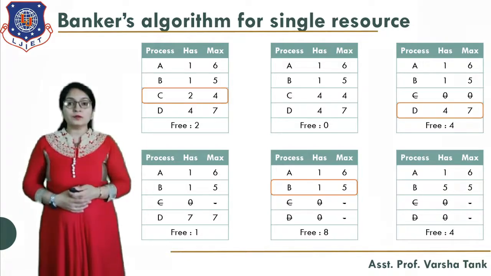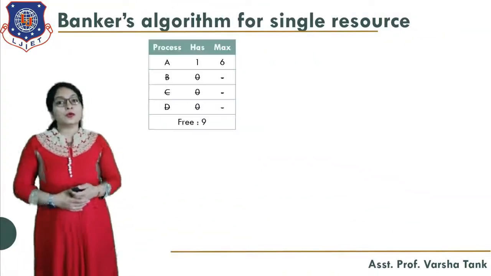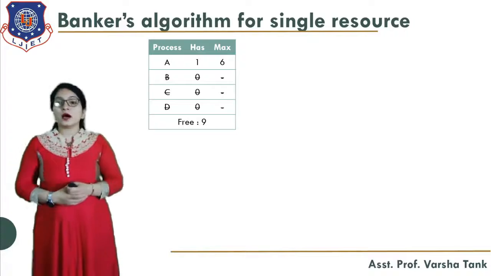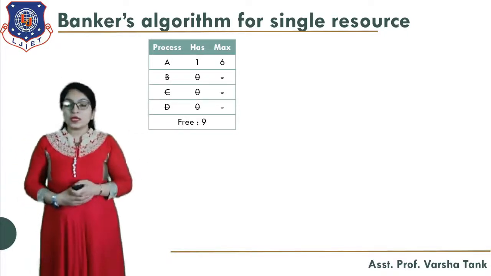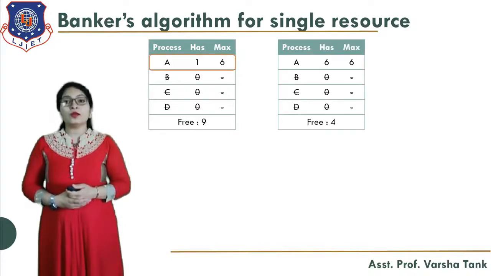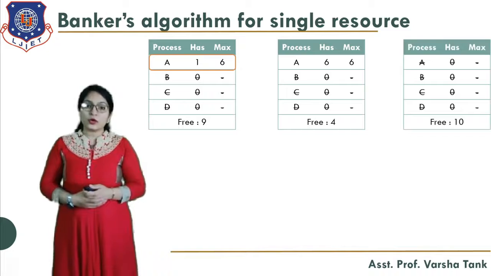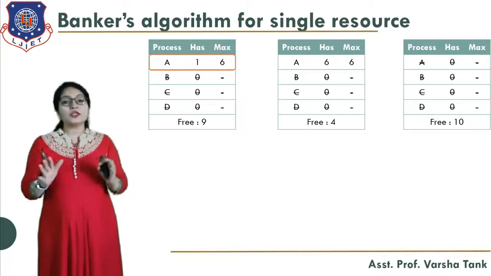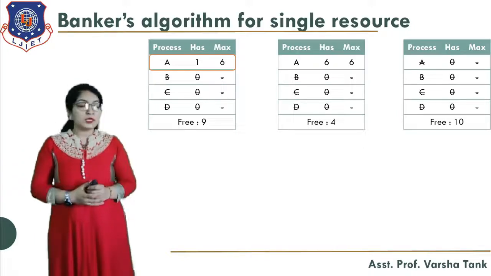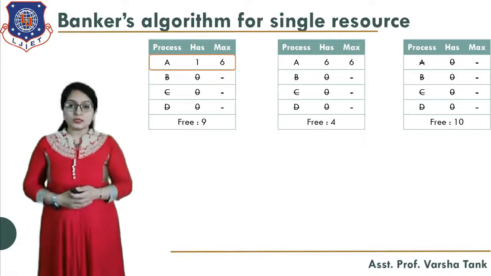So now you can see 9 resources are free. Now we can fulfill the needs of process A. Process A will complete its execution and release all the resources held by it and newly assigned. So after the completion of each and every process, we have 10 free resources.